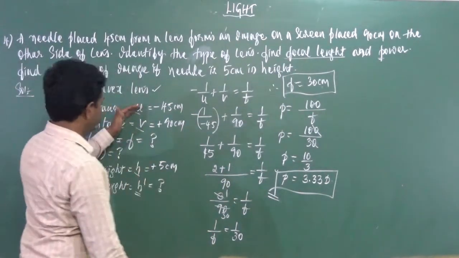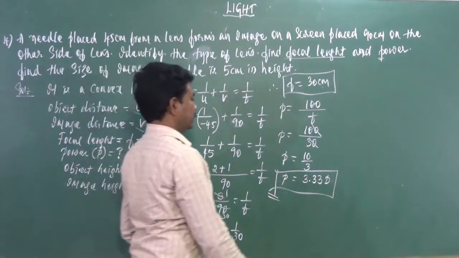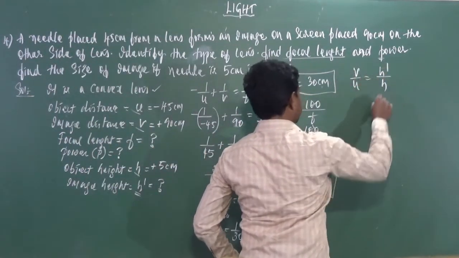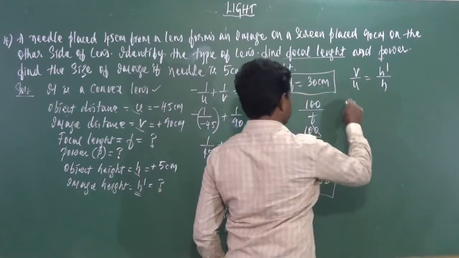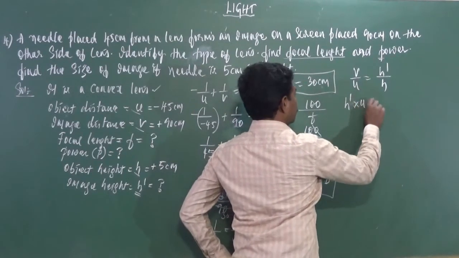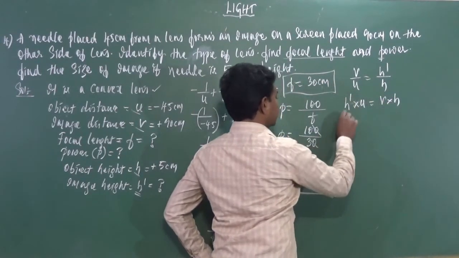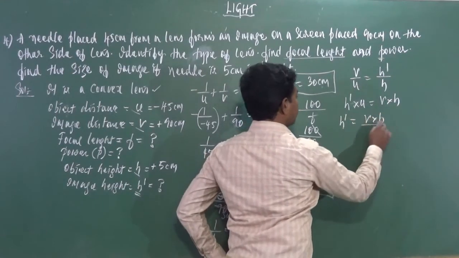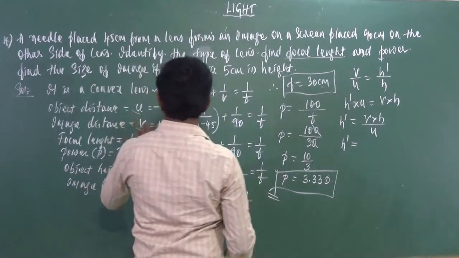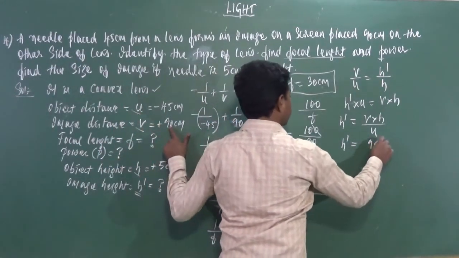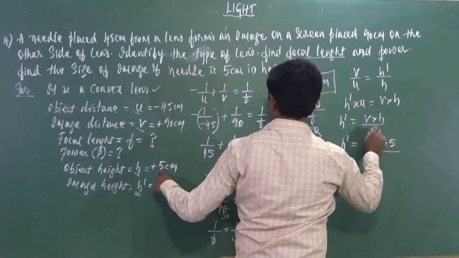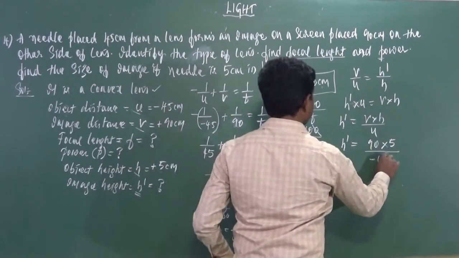The relation between U, V, H and H dash is given by V by U is equal to H dash by H. So H dash into U is equal to V into H. So H dash is equal to V into H by U. H dash is equal to V value, that is 90, into H value, that is 5 centimeters, by U value, that is minus 45.